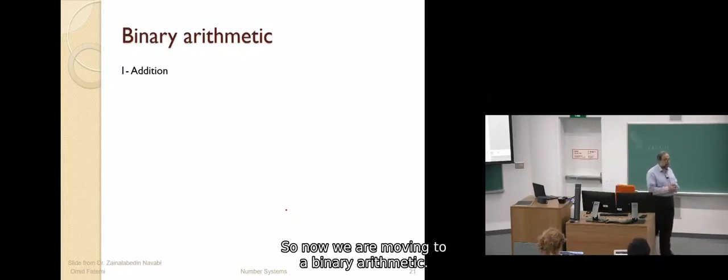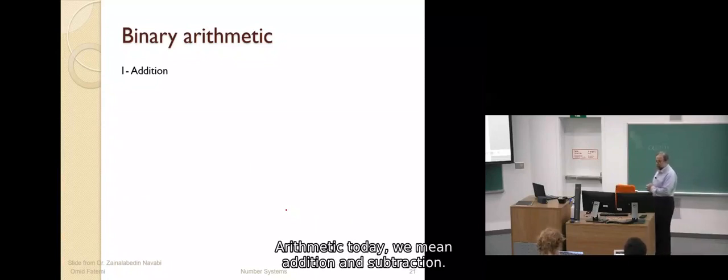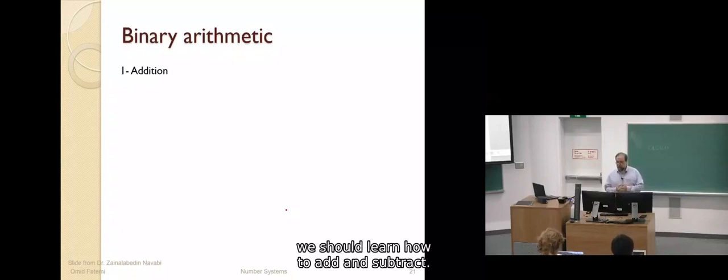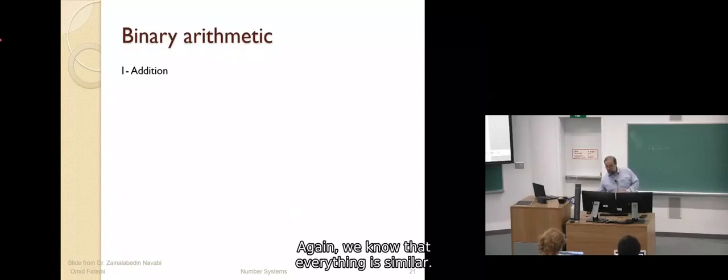So now we are moving to binary arithmetic. By arithmetic today, we mean addition and subtraction. Just addition and subtraction. So we should learn how to add and how to subtract. To do that, again, we know that everything is similar. The only difference is base.